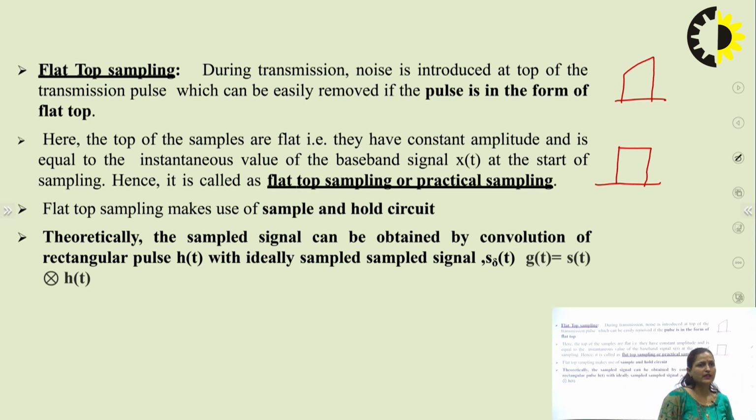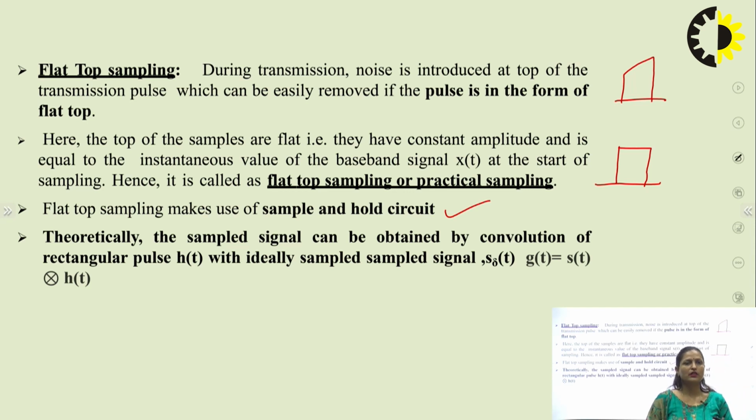Here the tops of the samples are flat, that is, they have constant amplitude equal to the instantaneous value of the baseband signal at the start of the sampling. That is why it is called flat top sampling or practical sampling. Flat top sampling makes use of a sample and hold circuit. It means the switch will be closed and it will hold the output until the switch is opened again.